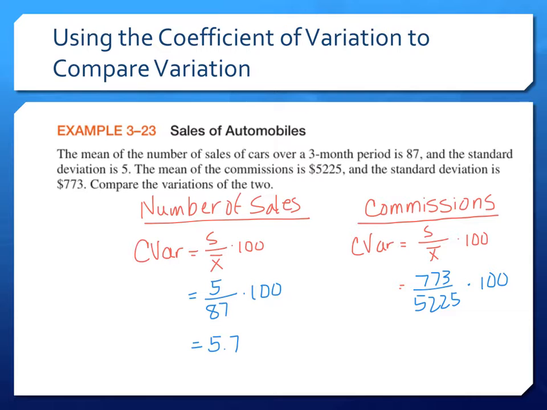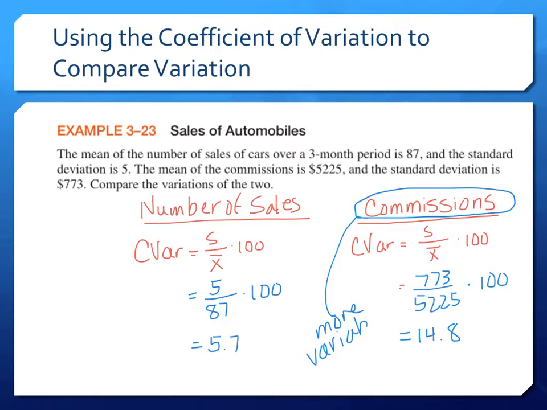This happens to equal 14.8. So here's what this means. It means that commissions are more variable, which means more spread out.